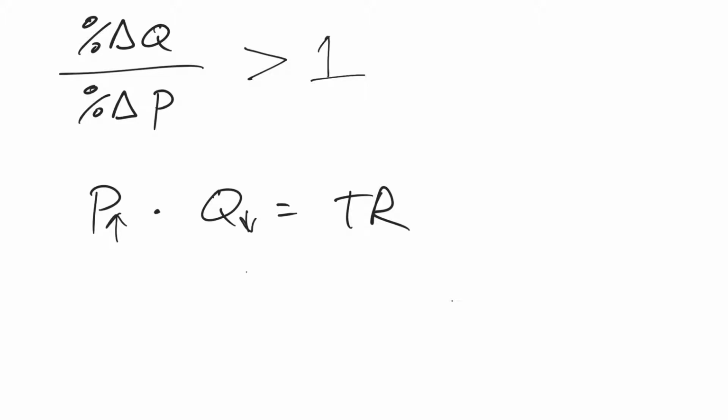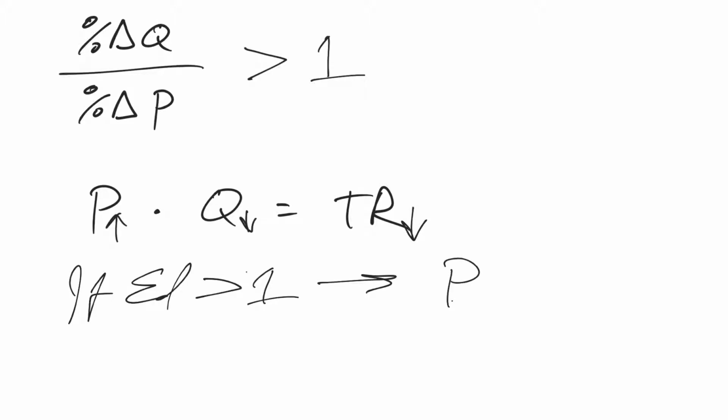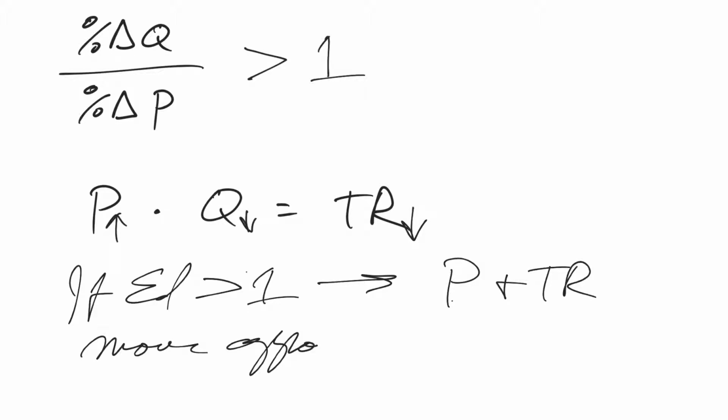So, if elasticity of demand is greater than 1 or elastic, that means price and revenues move in the opposite direction of each other.